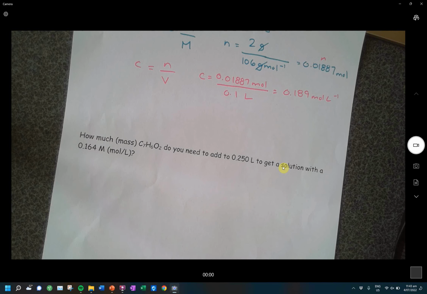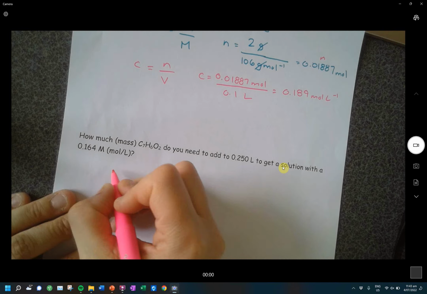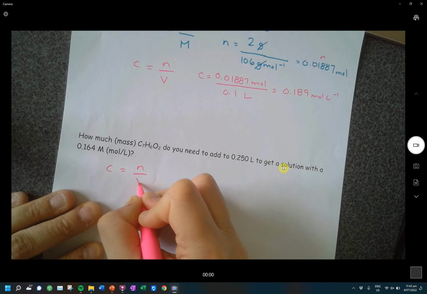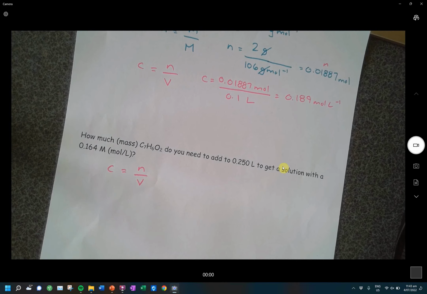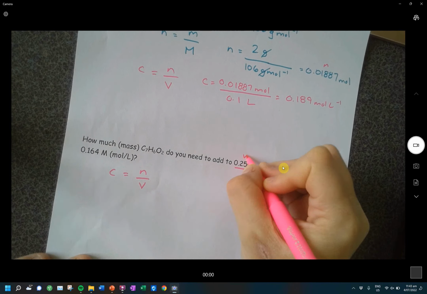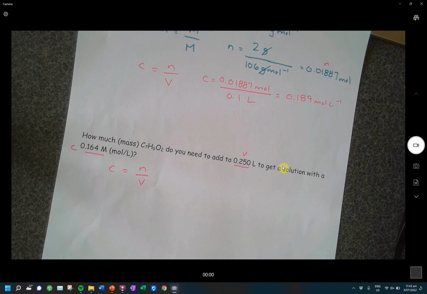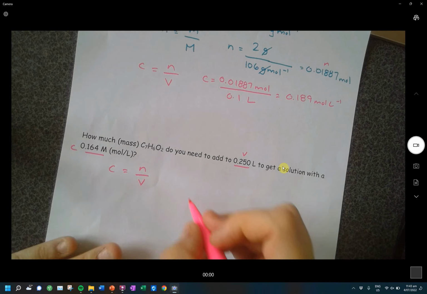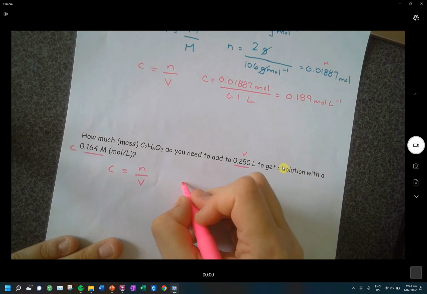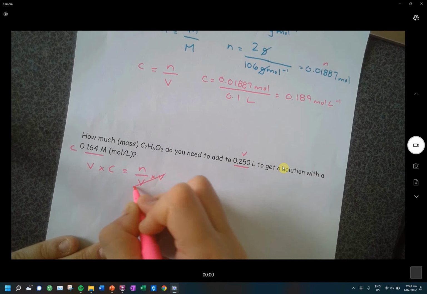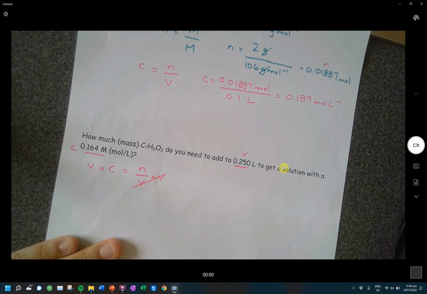So what I first need to do is start going backwards. I know that my concentration is equal to n divided by V. I have my V right here. I have my concentration right here. Are you okay with that so far? First thing I need to do is rearrange the equation because I need to figure out the amount. So again, just like you guys did previously, we multiply each side by V, so that the V's cancel out and I get n by itself.